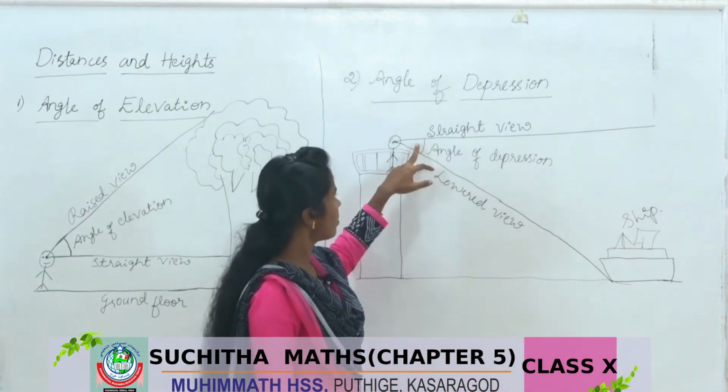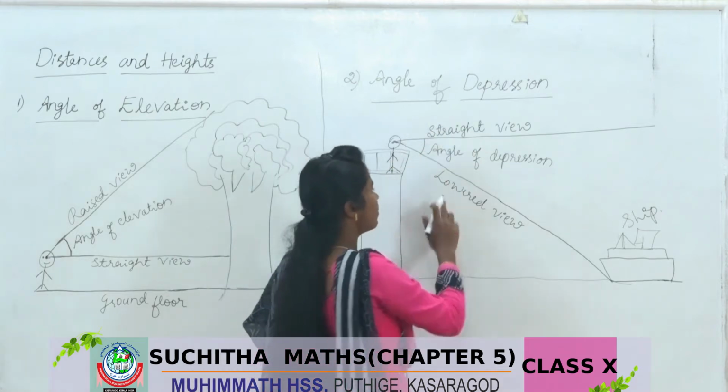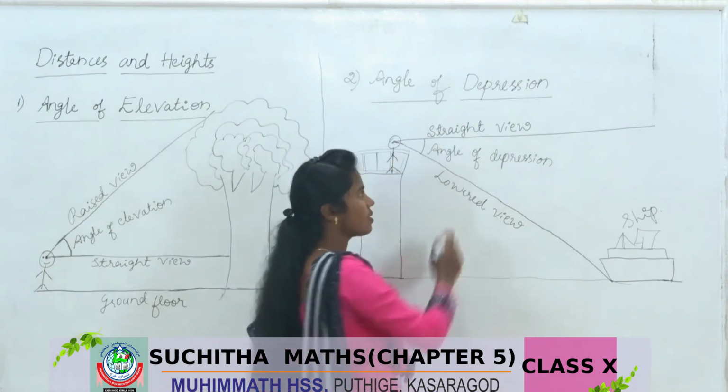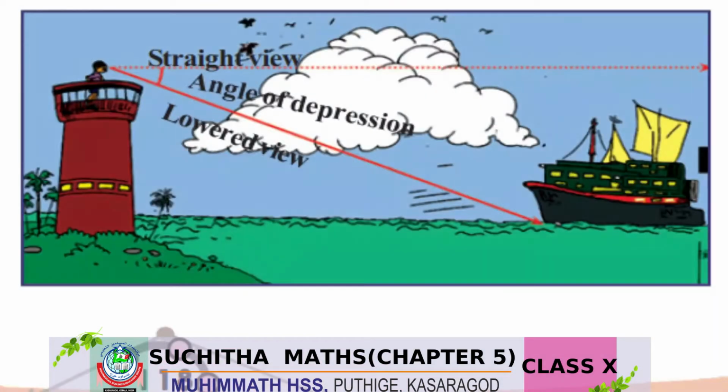Here also an angle is formed between the straight view and lowered view, and this angle is called the angle of depression. Listen, the angle between the straight view and lowered view is called the angle of depression. Okay.